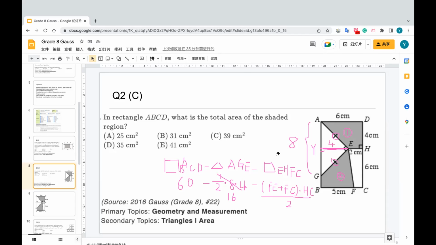The two bases, EH and FC. EH is given, it is 2, okay? What's FC here? Alex, what's FC here? Or Michael?